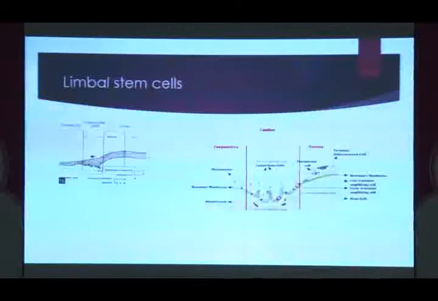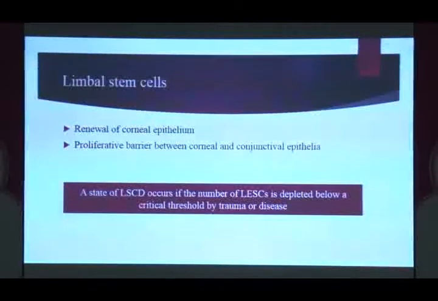Now, some of these cells even go superficially at the limbus, and here they are very important because they form a proliferative barrier between the corneal and conjunctival epithelium.